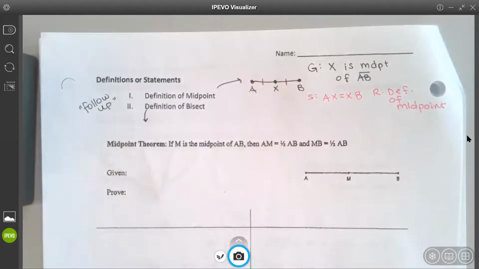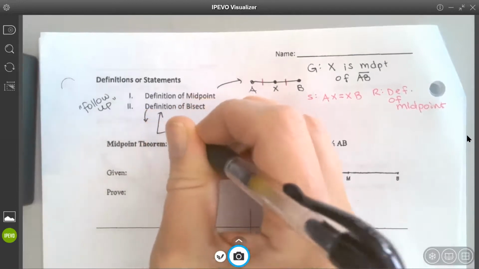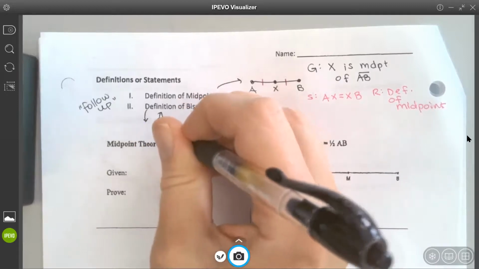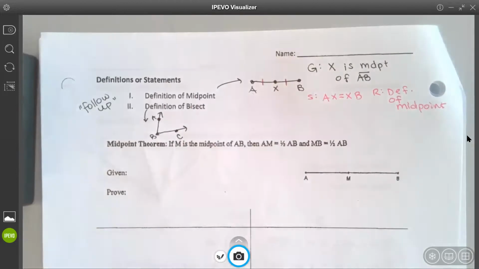So, an example of bisect. Bisect means it's an angle typically. Sometimes it's a segment and they use the word bisect. For the most part, we're looking at angles there. So A, B, C. Now, just like midpoint, bisect, cut in 2 equal parts.